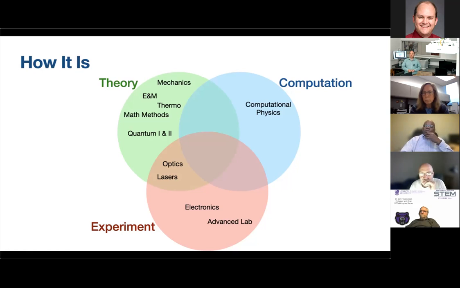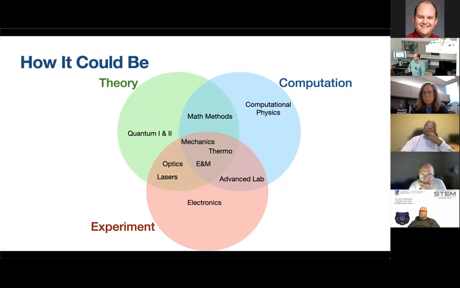And then eventually we decided, let's actually try to do it. Let's actually try to see where we could put computation and experiment and theory together in our courses. So if we rearrange this Venn diagram, this is how we think it could work, right?